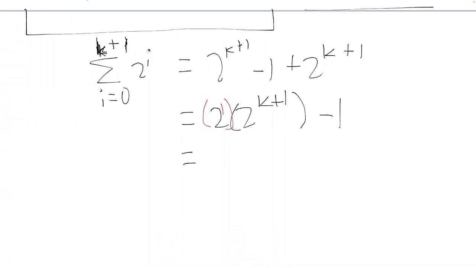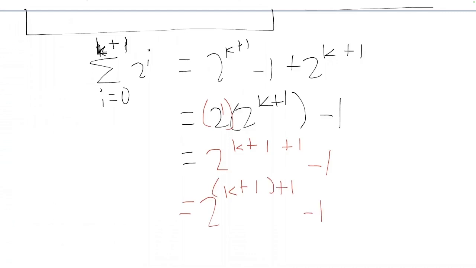And by laws of exponents, I can just write this as 2 raised to k plus 2 minus 1. It's crazy. And then I can further show this in the form of the original by saying that I can group k plus 1.